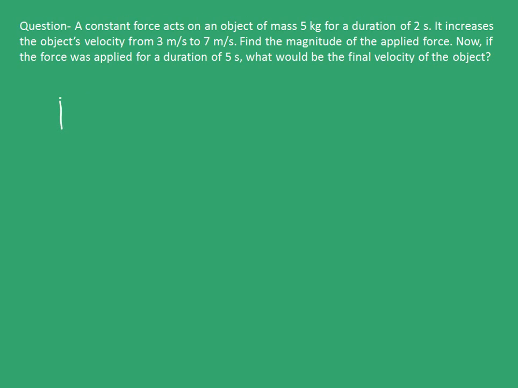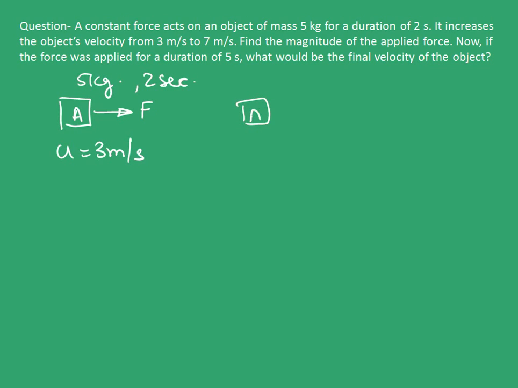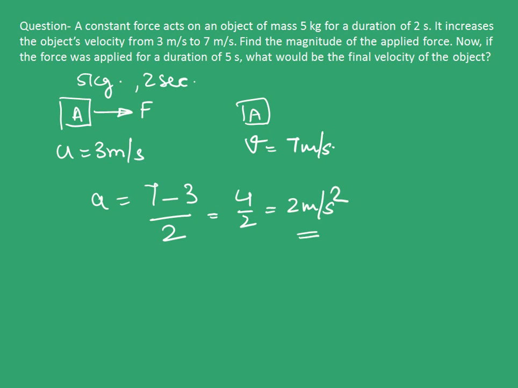So, let us say an object A is of mass 5 kg and a force F is acting on it for a duration of 2 seconds. Initially, the velocity of the object is 3 meters per second and finally it becomes 7 meters per second. So acceleration of the body here becomes (7 minus 3) upon 2, that is 4 upon 2, equal to 2 meters per second square.